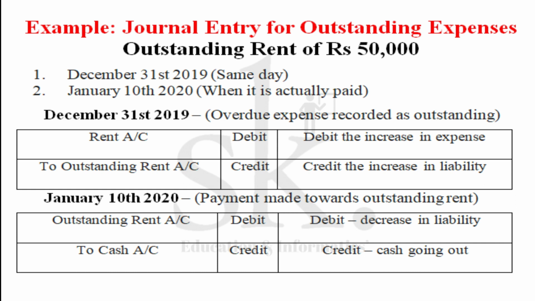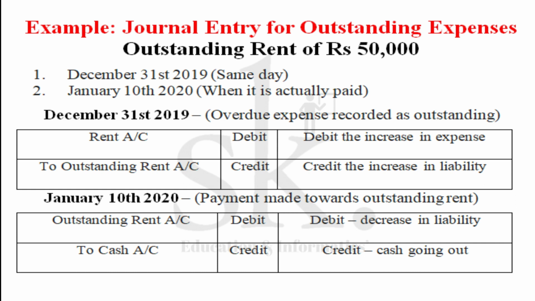Now say, in the next accounting period, on 10th January 2020, you pay or settle the outstanding expenses. We identify two account heads: outstanding rent account and, say, cash account or bank account. Since you have paid the outstanding rent, your liability decreases, because outstanding rent was a liability.